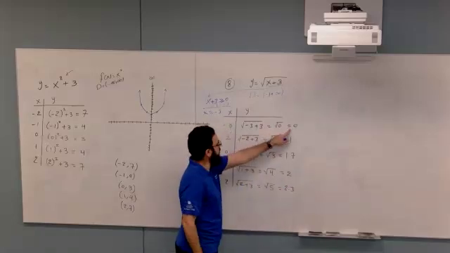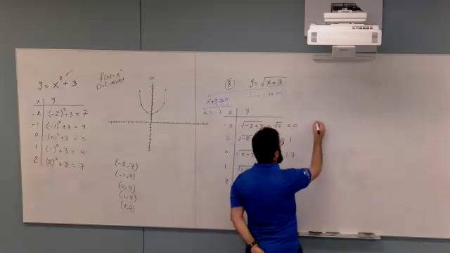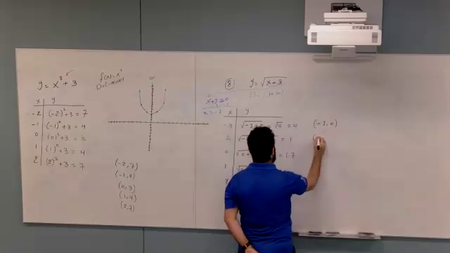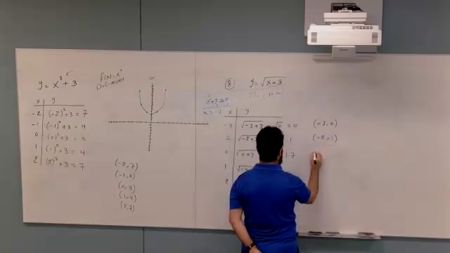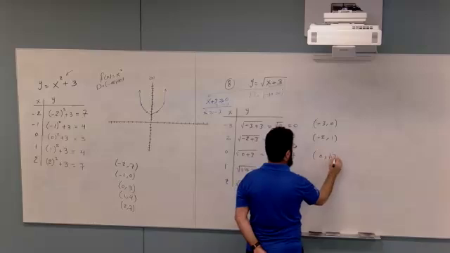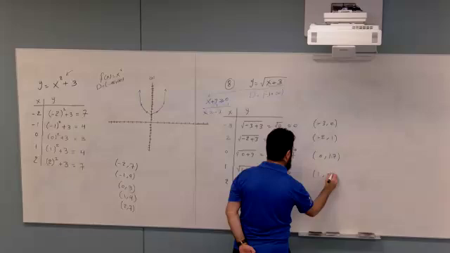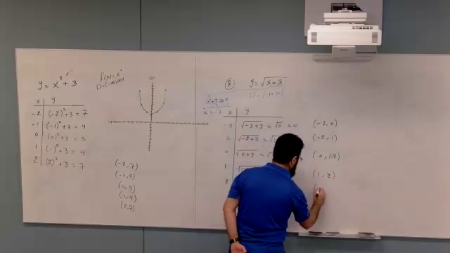Now this is x, this is y. Points here: -3, 0, -2 and 1, 0 and 1.7. The next one is going to be 1 and 2.2.